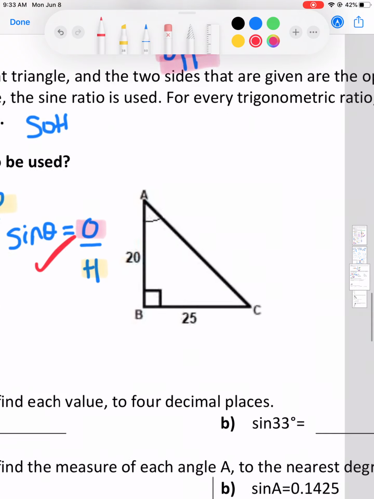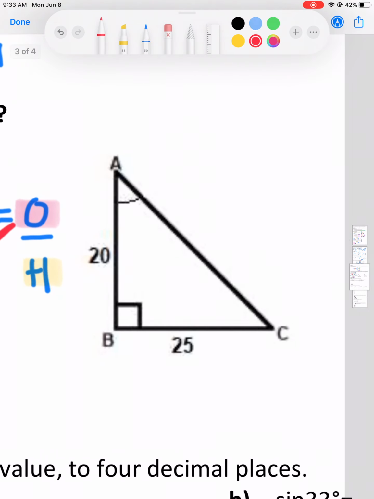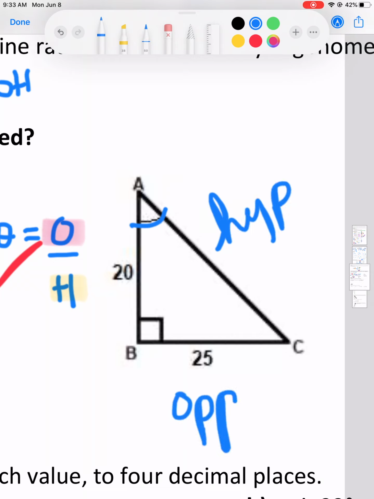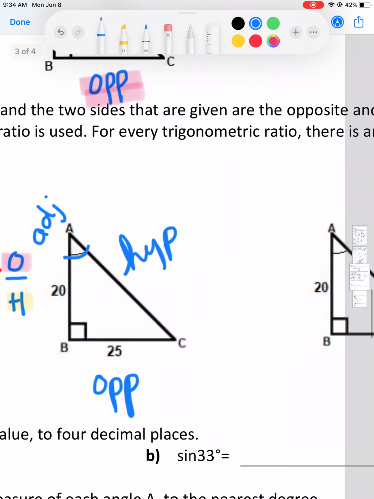Okay, let's go to the next one. Again, I'm going to quickly label them. There's my angle of interest, so there's my opposite. Oh my god, that's the second time I did that. Here's my hypotenuse. Here's my opposite. Here's my adjacent. Okay, let's take a look. What's my equation?